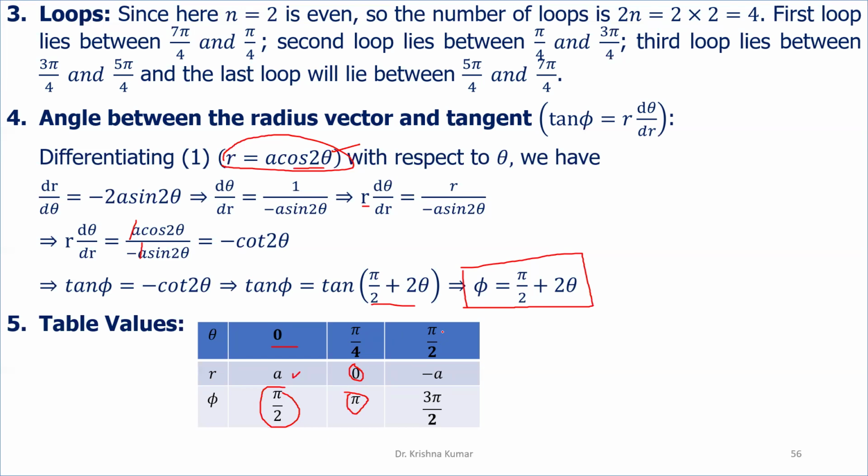The next thing is, if you put theta equal to pi by 2, then cos pi is minus 1, so r is minus a, and phi is equal to 3 pi by 2.